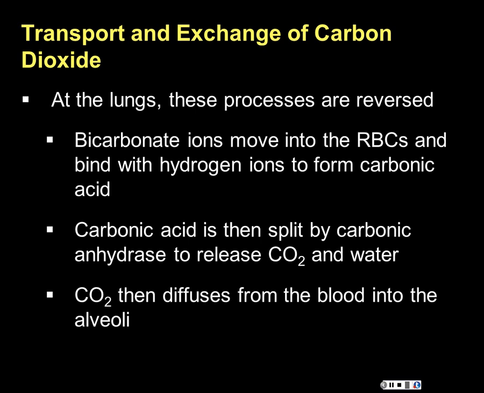The chloride ion goes which way? Out, and bicarbonate ion goes into the red blood cell. And then it'll get converted back into what? CO2 and water. Good.